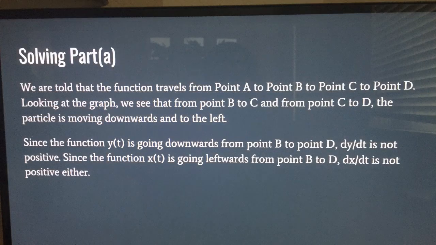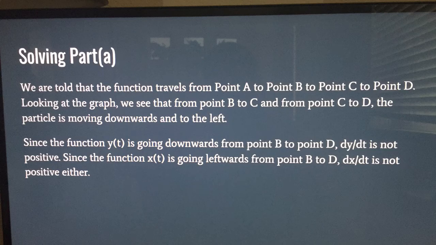We are given that the function travels from point A to point B to point C to point D. Looking at the graph, we see that from point B to C and from point C to D, the particle is moving downwards and to the left. Since the function y of t is going downwards from point B to D, dy over dt is not positive.